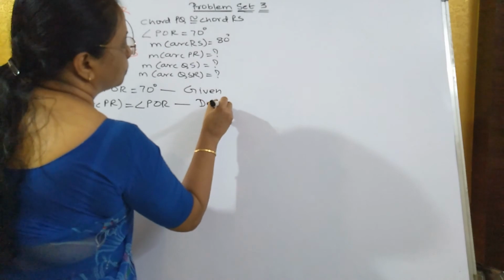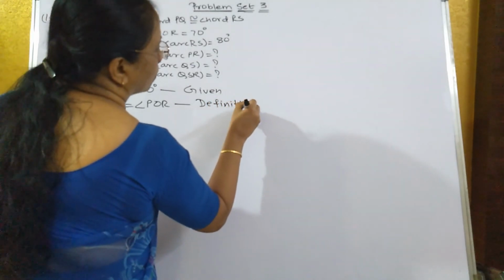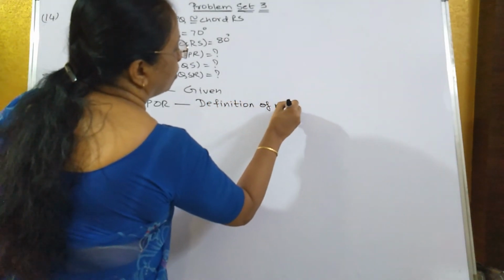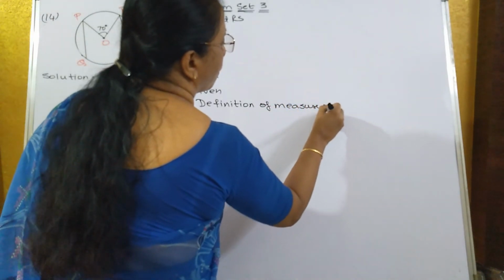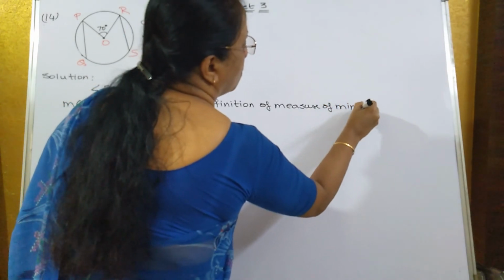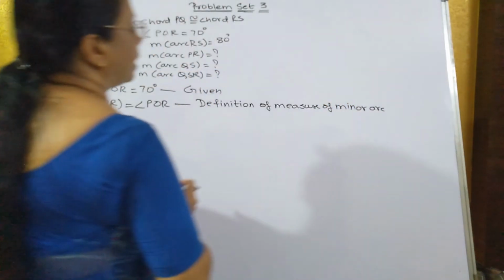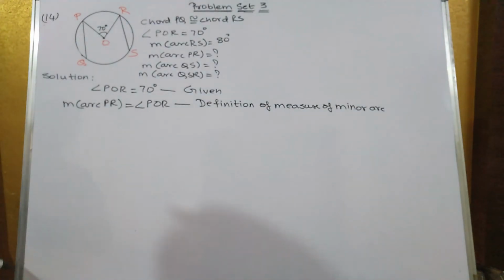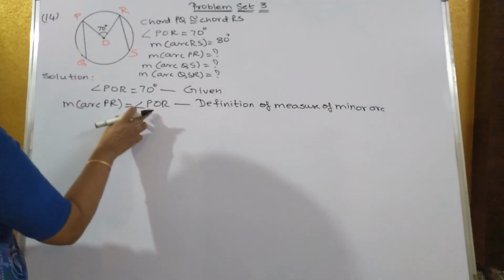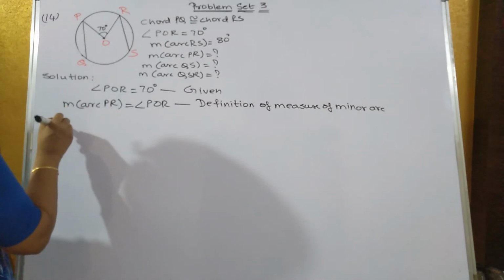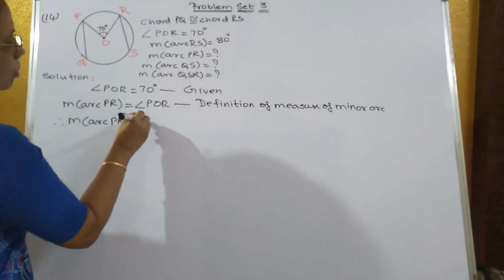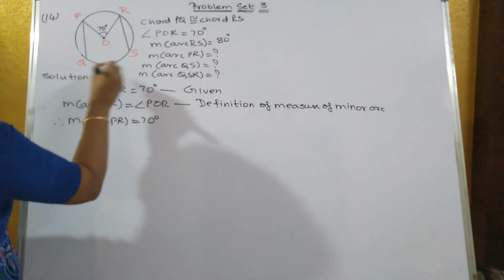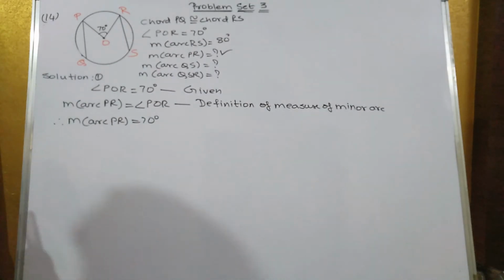Definition of measure of minor arc, or you can write definition of arc, measure of arc. Therefore, since POR is equal to 70 degree, measure arc PR is also equal to 70 degree. So the first one we have got: measure arc PR is equal to 70 degree.